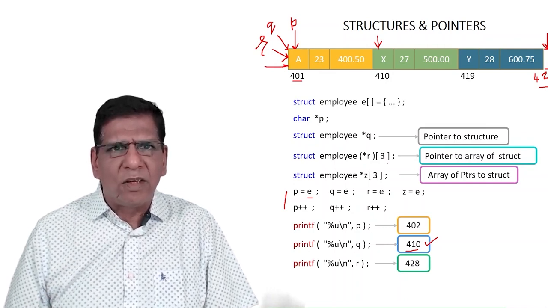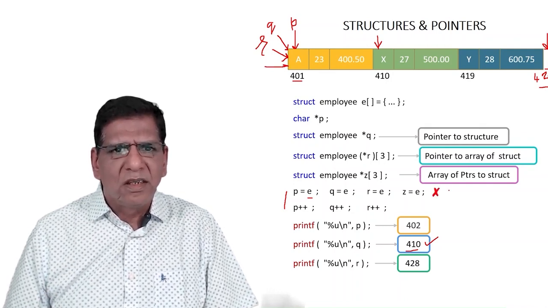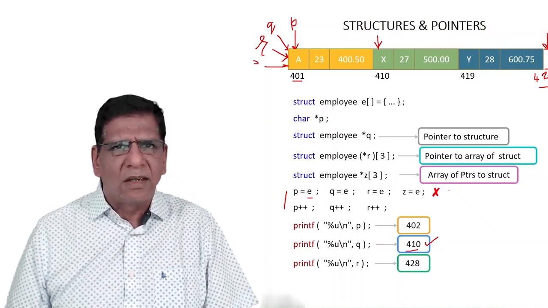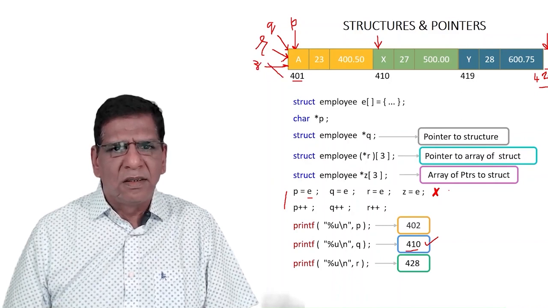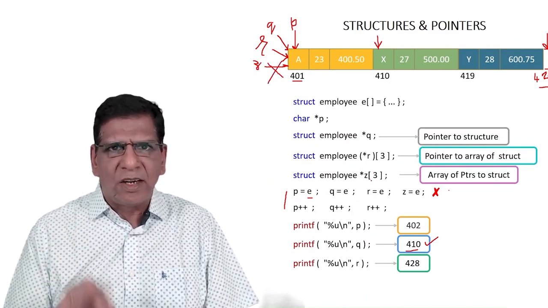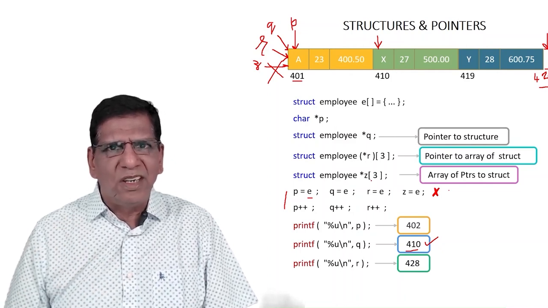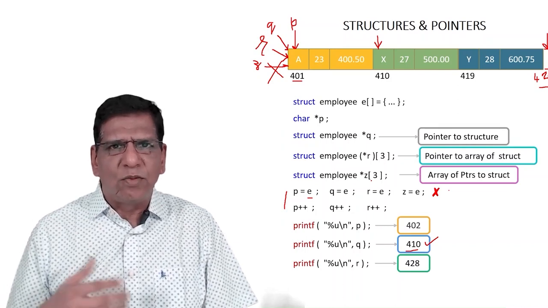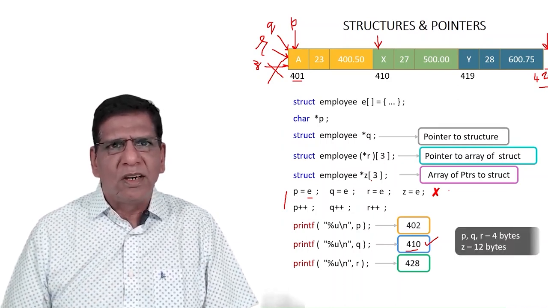Do we agree that P, Q, R would all be 4 bytes each? Because ultimately all three contain nothing but one address, whereas Z is supposed to hold 3 addresses. One address is 4 bytes, so 3 addresses would be 12 bytes. That explains why P, Q, R are 4 bytes, whereas Z is going to be 12 bytes.